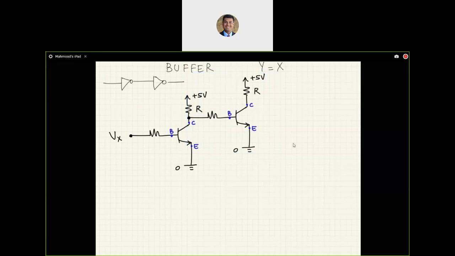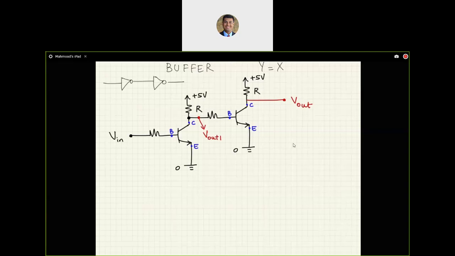So I have taken the output of, let's call this a certain point, V out 1, and my final output is going to be V out, and in fact we can call this V in. So we have two NOT gates.